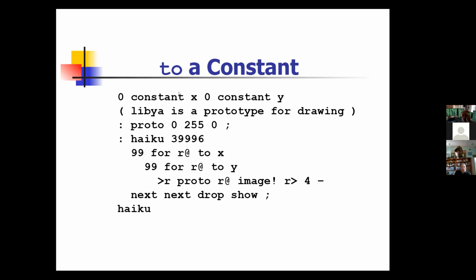So in the haiku example, we set up two loops for the horizontal axis and for the vertical axis, and R fetch, the index is put into X, and R fetch is put into Y.